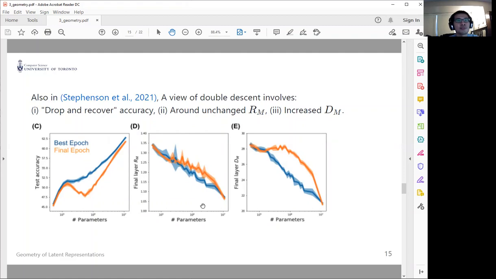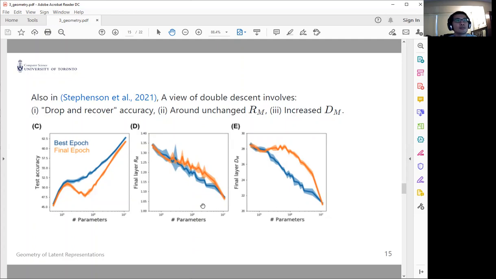And also they observed the double descent phenomenon, where the accuracy first drops and then recovers. They found that as they increase the number of parameters, the accuracies drop and then recover in the final epoch, but not the best epoch.